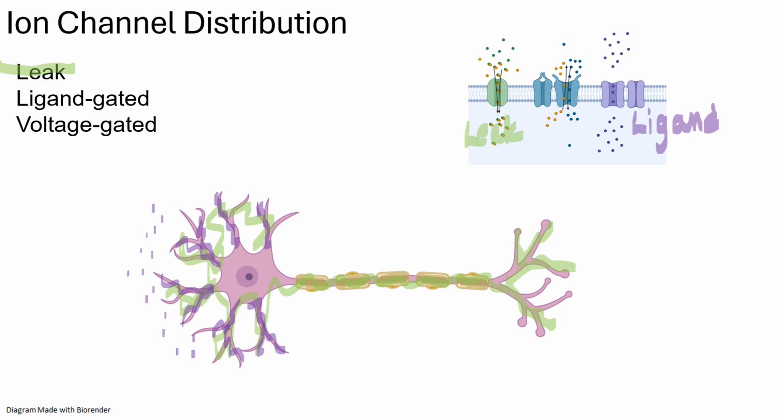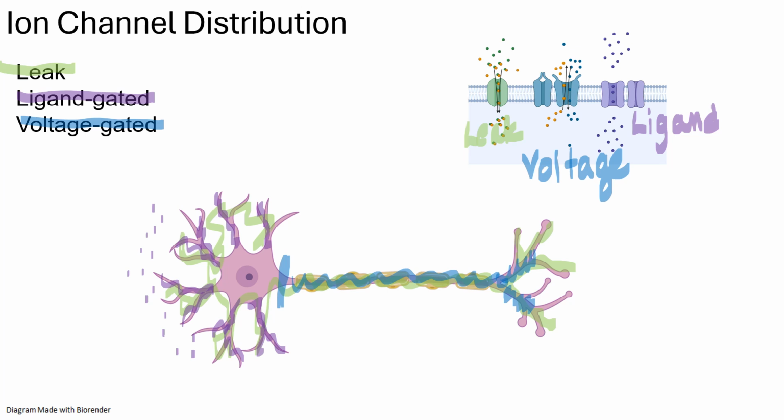There are also voltage-gated channels that exist along the axon hillock, especially. They exist on the axon itself between the yellow myelin sheaths on this picture, and they extend down into the axon terminals, but not the entire way.